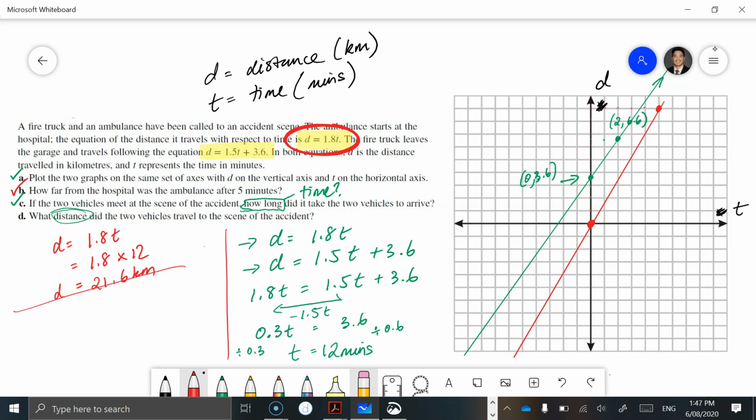And then for the truck, it was d is equal to 1.5t plus 3.6. So we can then say 1.5 times 12 plus 3.6 is going to be the distance of the truck.